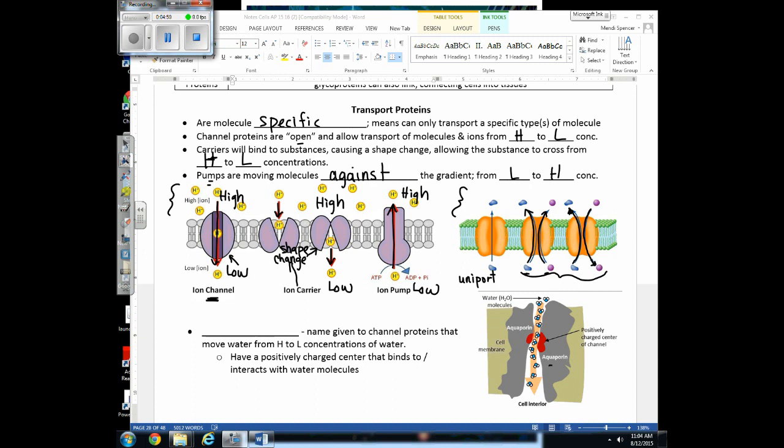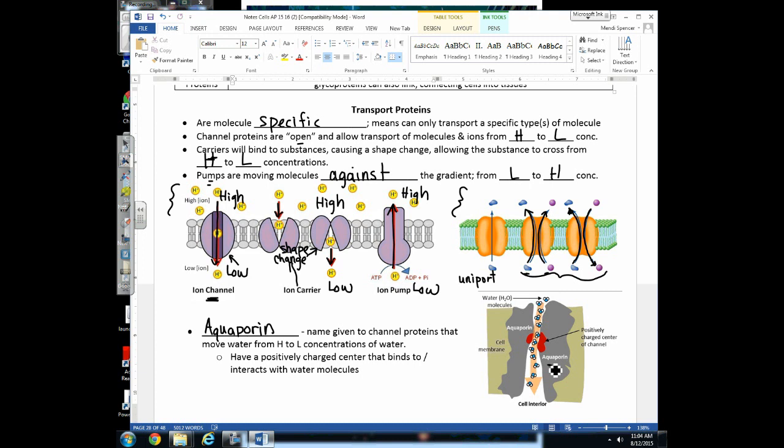And then finally, let's mention this really important transport protein, the aquaporins. Aqua means water. So again, here's the aquaporin. It's a protein that's embedded in the membrane. It's a transmembrane protein. And this protein allows water to cross. Because remember, water is a polar molecule, and it cannot cross through the tails, which are nonpolar molecules.